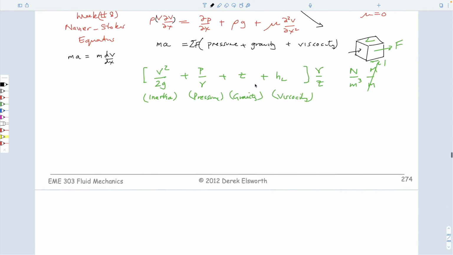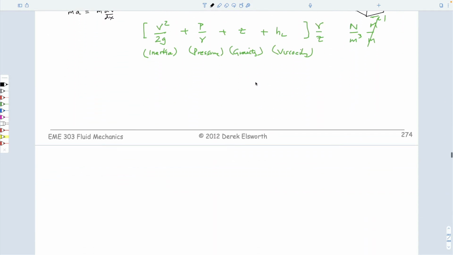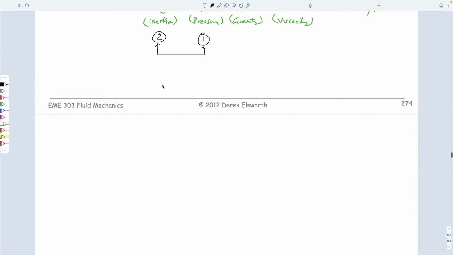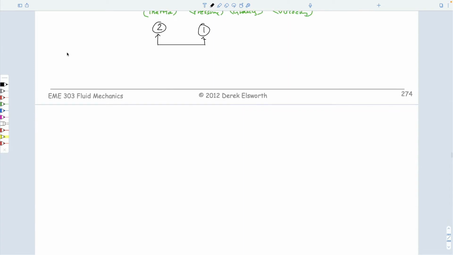If we look at each of these terms, we already did it the first time we met. If we take the term for pressure and the term for inertia and divide one by the other, 1 on the top and 2 on the bottom, then we get pressure force over inertia.